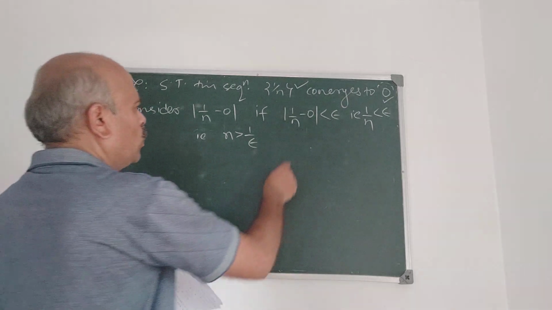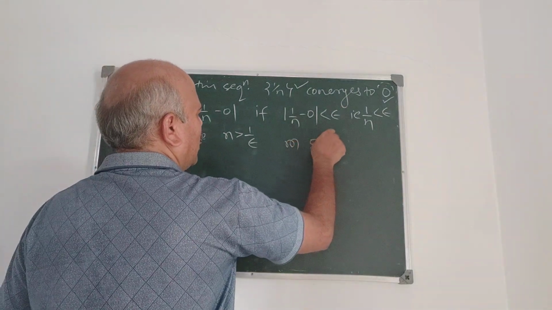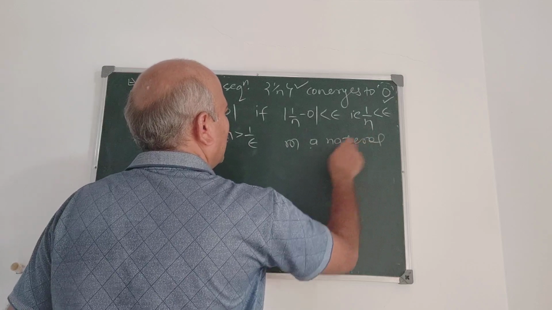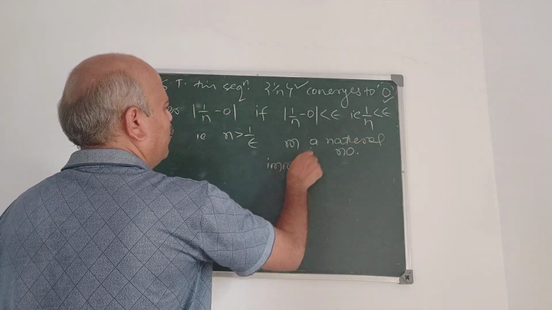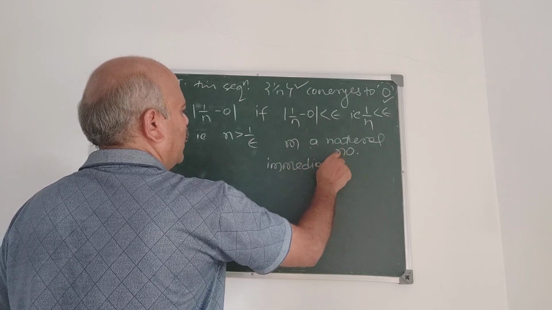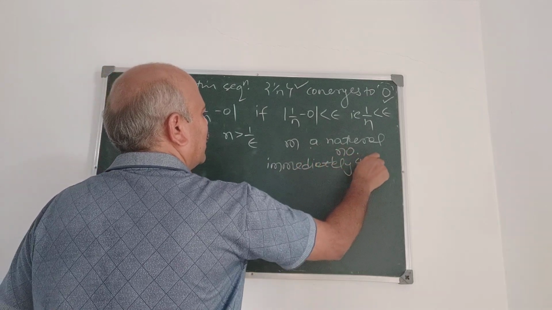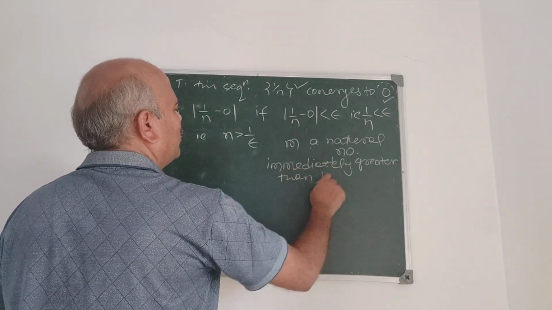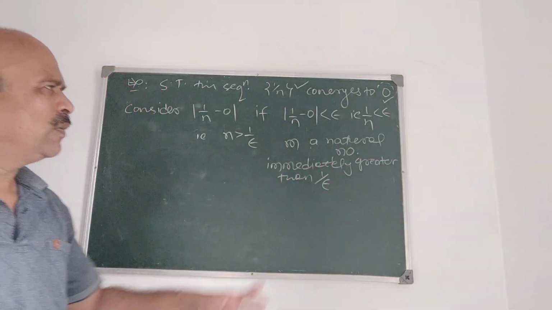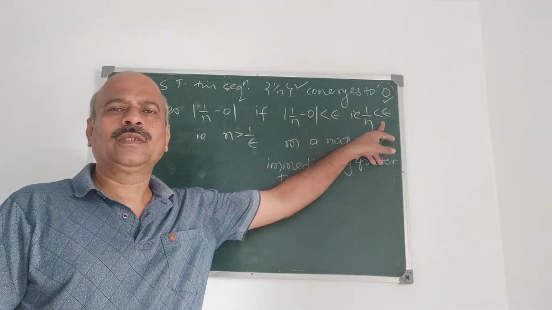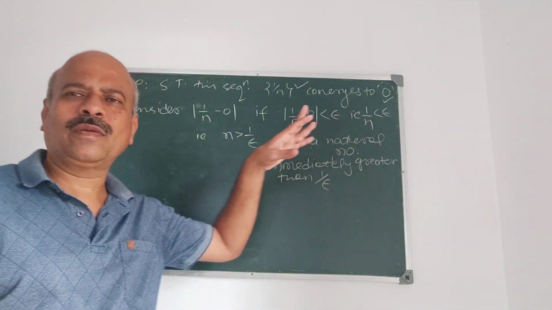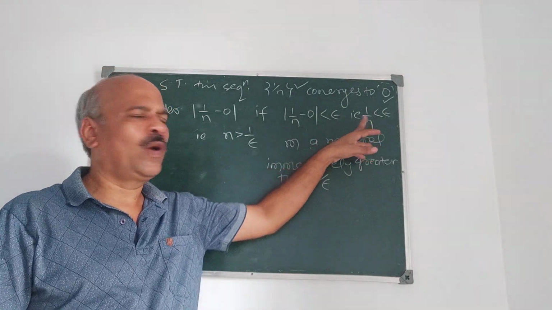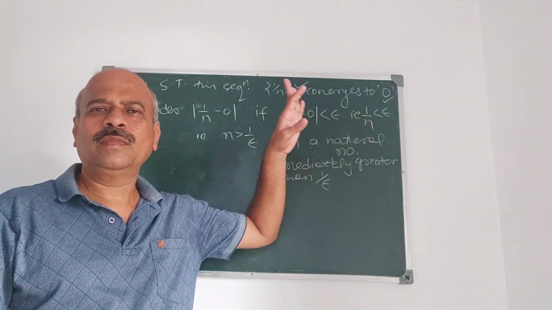Now we choose m as a natural number immediately greater than 1 upon epsilon, however small epsilon is. For the sake of definiteness, take epsilon as 0.00001.